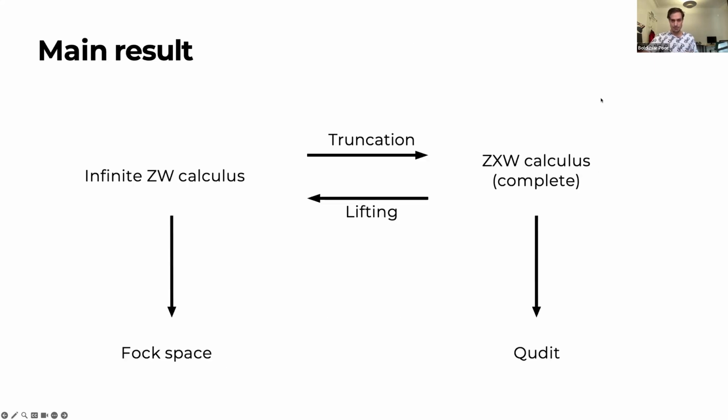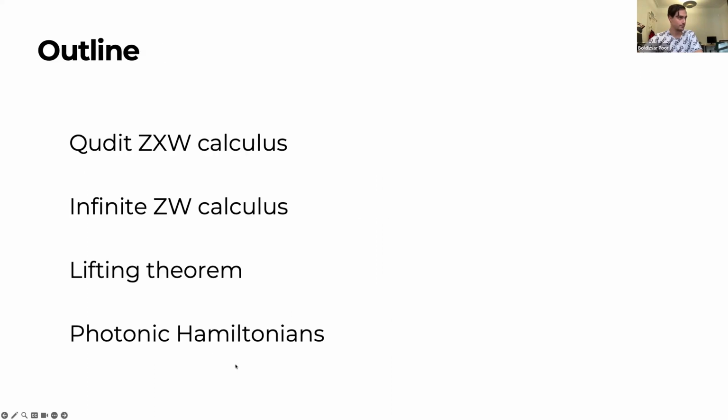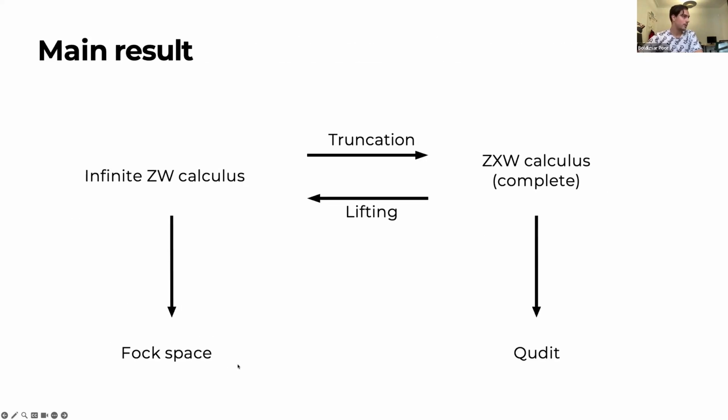And in this paper, our main result is as follows. If you have this infinite ZW calculus, it's something that you can use to reason about the Fock space. It's where the photons live. Then you can truncate it into the qudit case, into the ZXW calculus, which is complete.